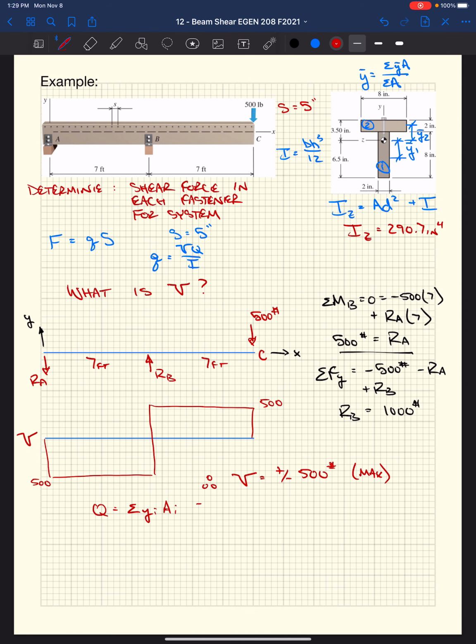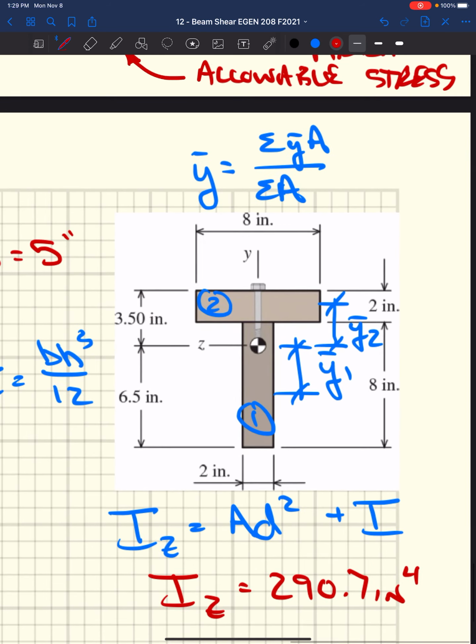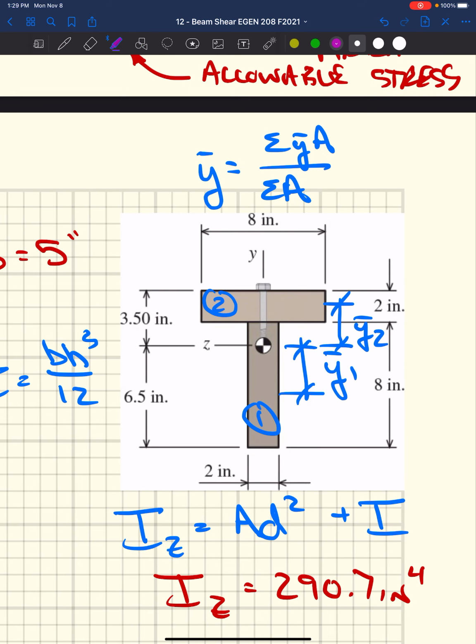In this case, our y, we're going to be looking at the intersection between these two pieces. And the intersection between these two pieces is at that surface right there.